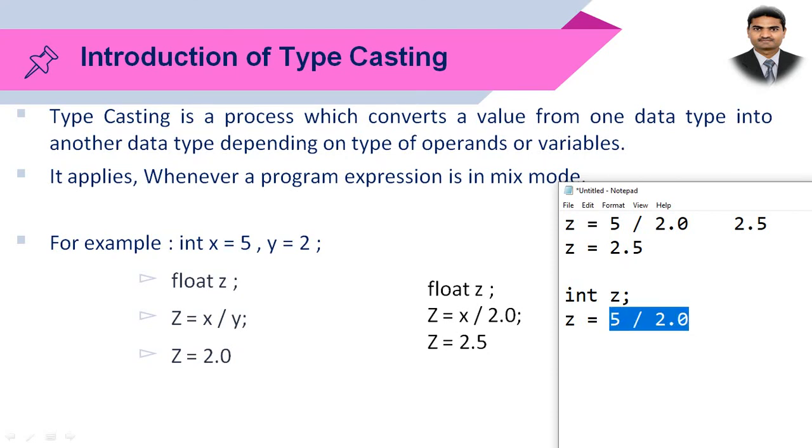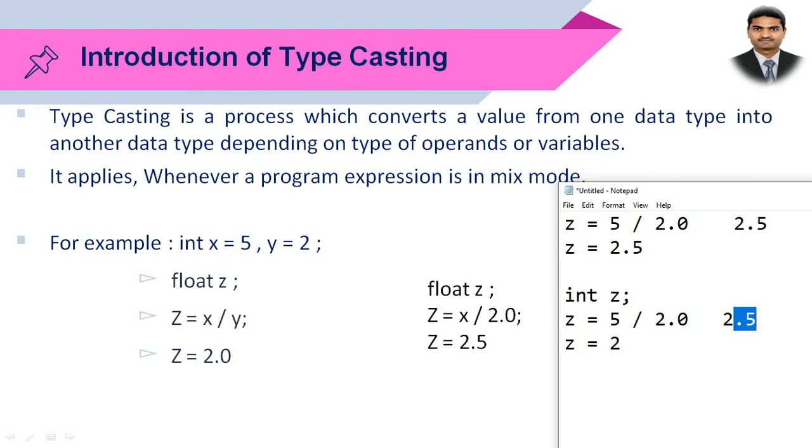So if one of the operands is a float, then ultimately the result will be a float. So actually the result is 2.5. Now this 2.5 we are assigning to Z. And now see the data type of Z is an integer, and we know that an integer variable will never accept the decimal point. So in that case Z will be stored only as 2. It will ignore the 0.5.